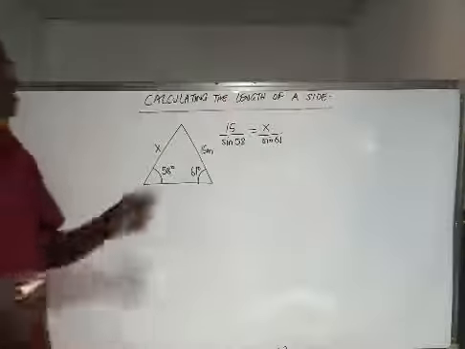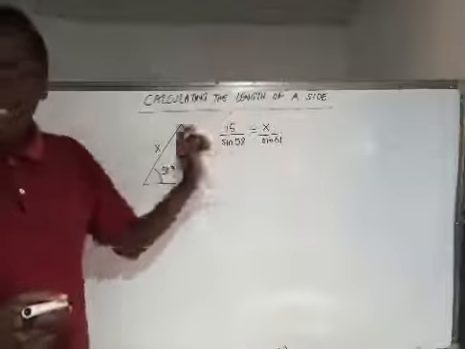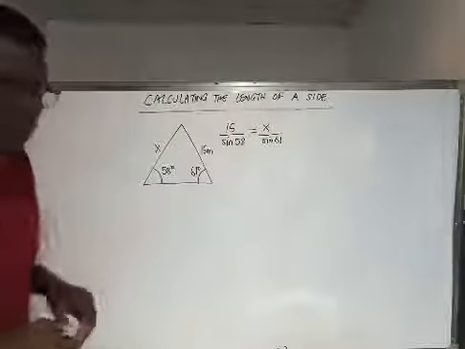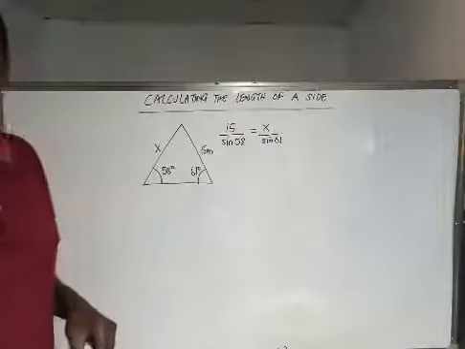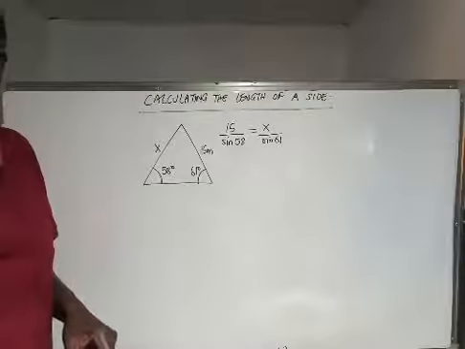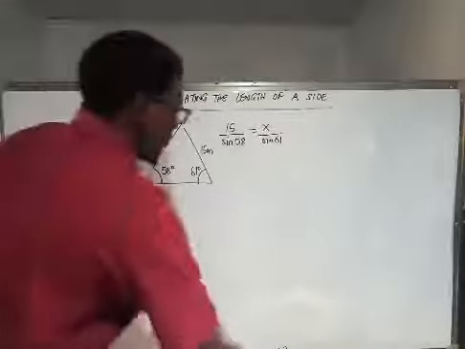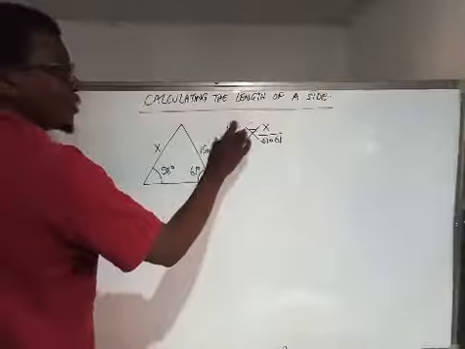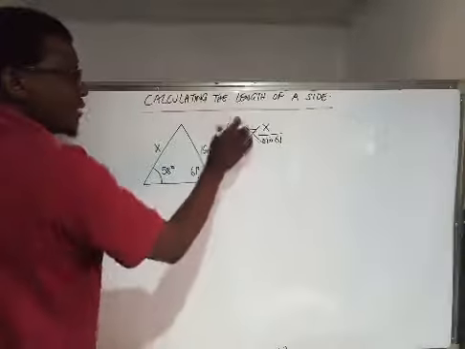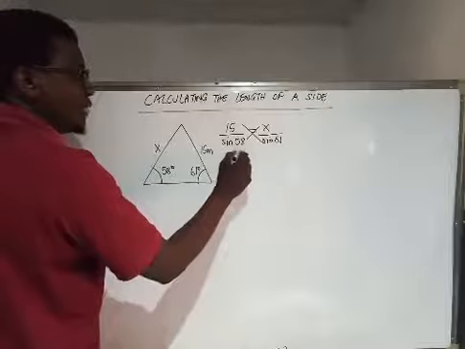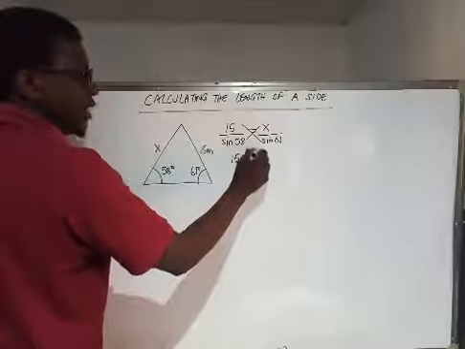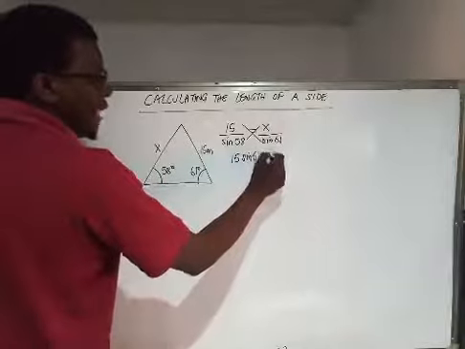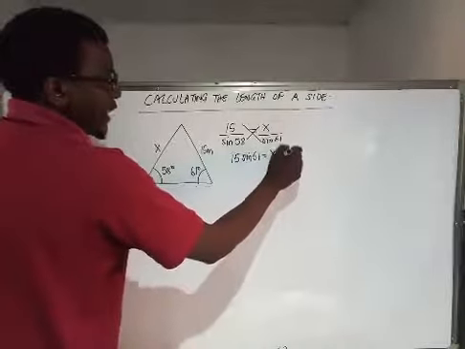Once you pair them correctly, all you need to do is to cross multiply. Remember, when cross multiplying, you always start with this one on top. So it will be 15 sine 61 is equal to x sine 58.